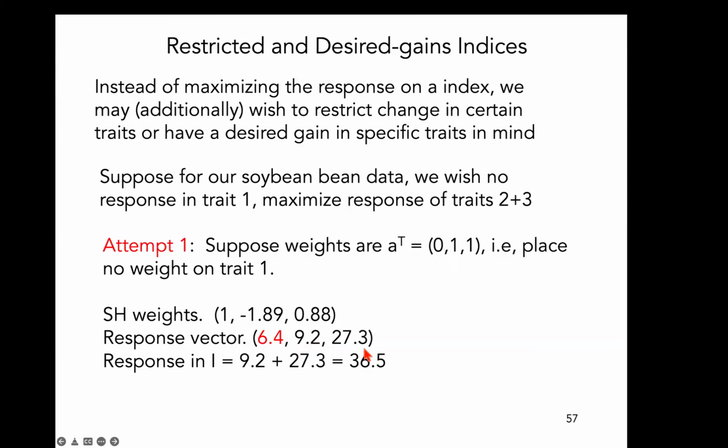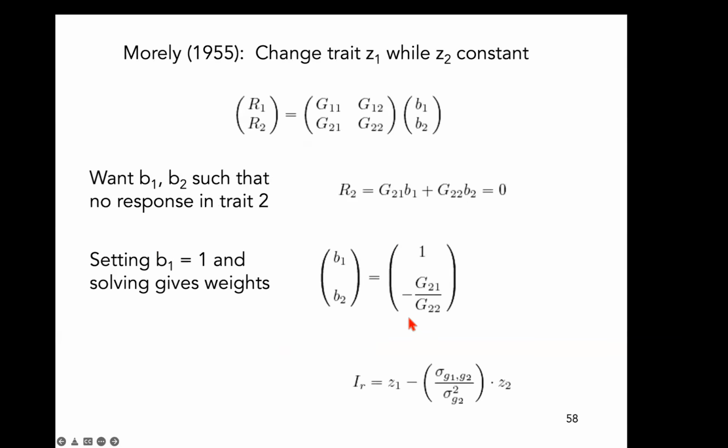What you actually see is the response in traits 2 plus 3 is 37, but trait 1 changes by 6. That may be catastrophic for your particular program. So is there a way to force that trait not to change while maximizing the rate of change in the others? The answer is yes, and those are called restricted index weights.